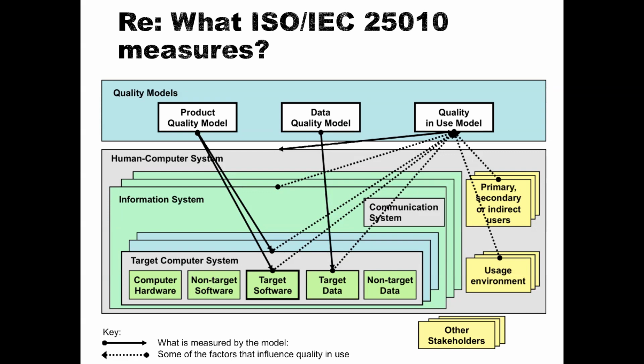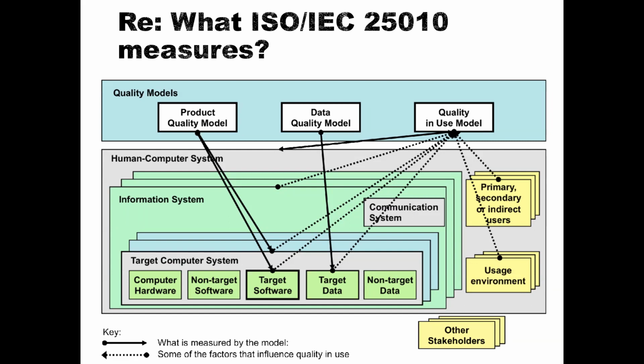And then in the center of this diagram, we have a data quality model, which talks about how the data is going to impact the overall performance. So this whole framework, or model, is designed to measure something.